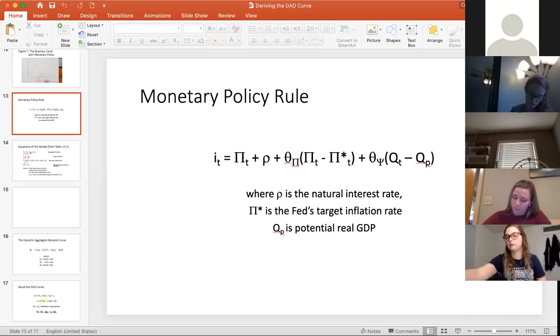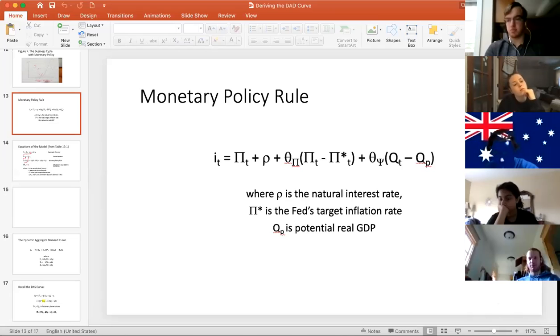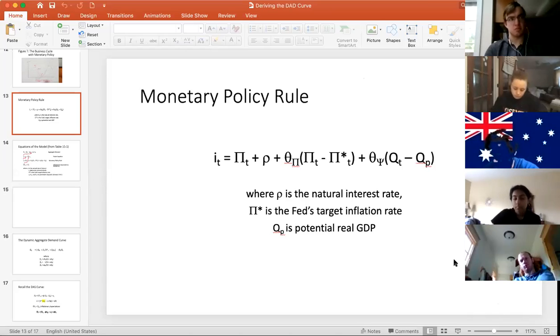Okay, now, here's a question. What if the equilibrium real interest rate is negative? Is that a good thing or a bad thing? No, it doesn't depend. Does that mean the inflation rate is just higher than the interest rate?